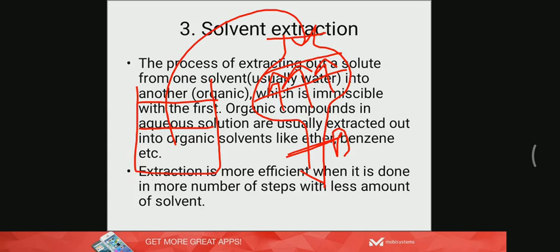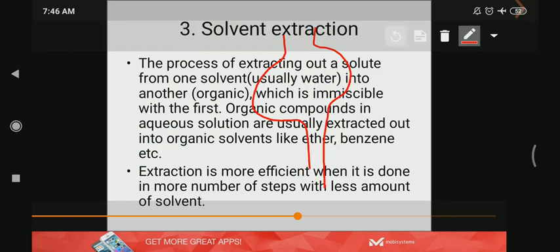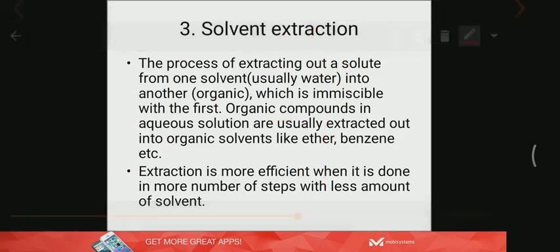So here comes a question: what is the best way of extraction? Suppose you have an aqueous solution of an organic compound, and you are given a definite volume of an extraction solvent, that is an organic solvent.